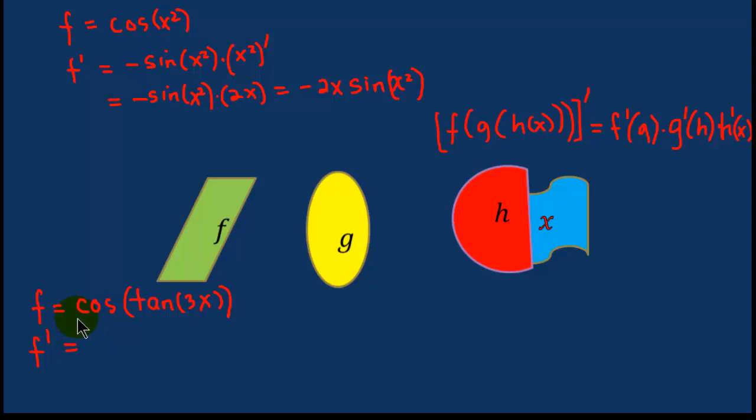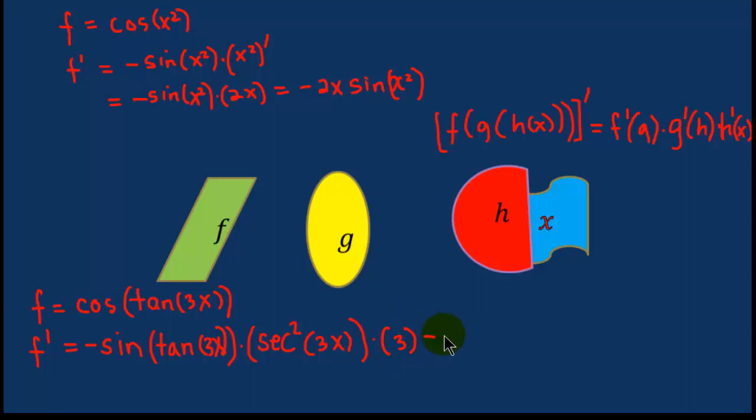So first what we've got is the cosine function. So what's the derivative? It's the negative of sine of tangent of 3x. And then we multiply by the derivative of tangent, which is secant squared of 3x. And then we keep going because tangent is acting on a function 3x. So take the derivative of 3x with respect to x, and that's just 3.